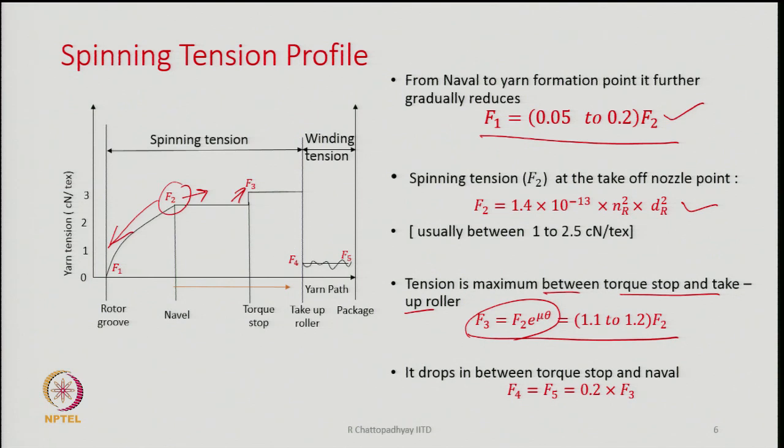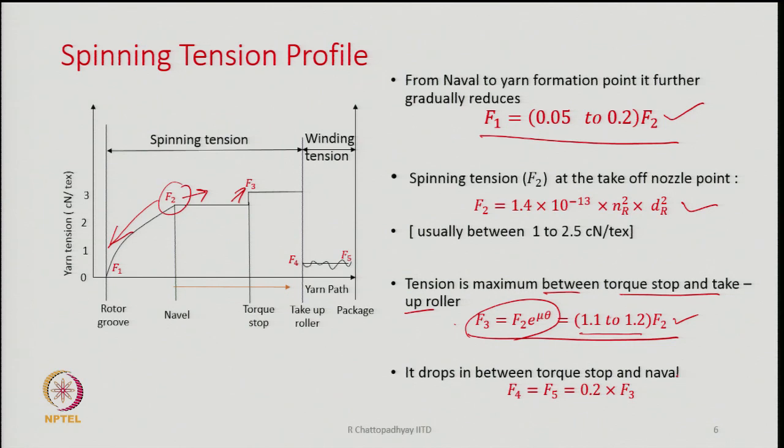So, before and after, the values can be modeled by using this law, and this has been shown to be 1.1 to 1.2 F2, depending upon the deflection angle, or the angle of contact between the yarn and this torque stop.